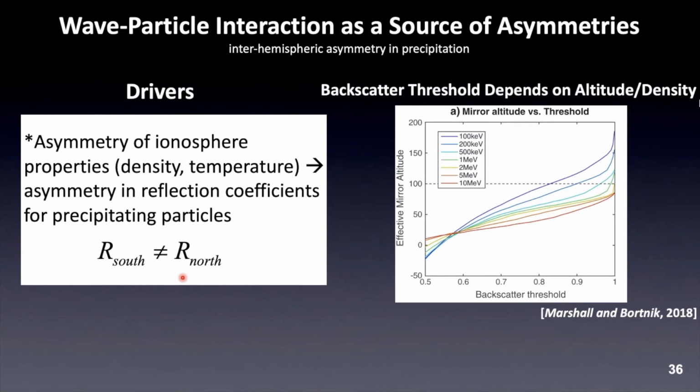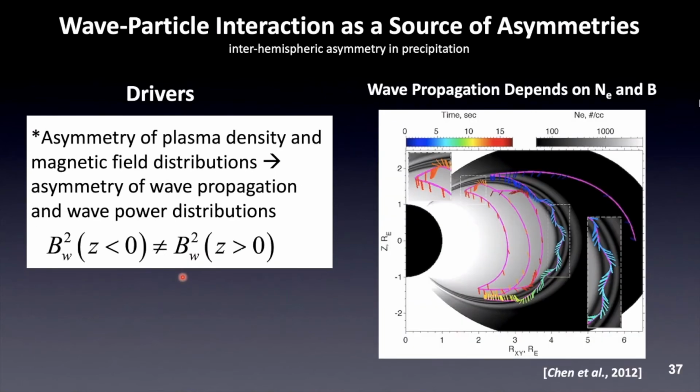That's the other aspect. The third one is that the wave propagation is controlled, as shown here, by the background density and magnetic field distribution, magnetic field intensity basically, along the magnetic field lines.